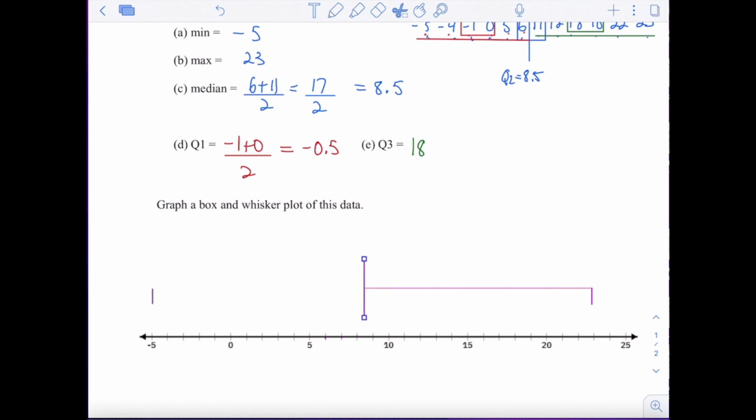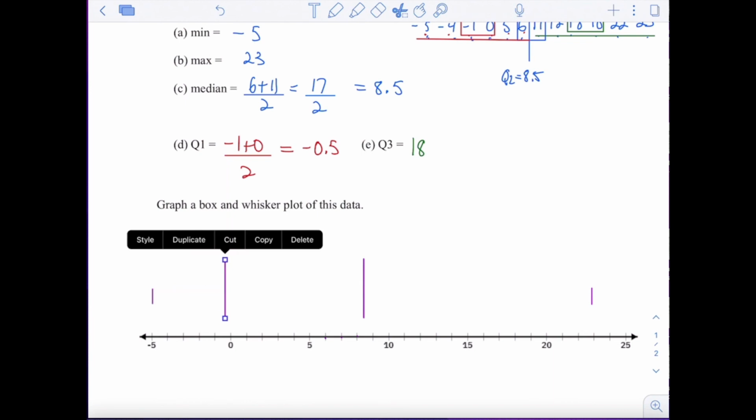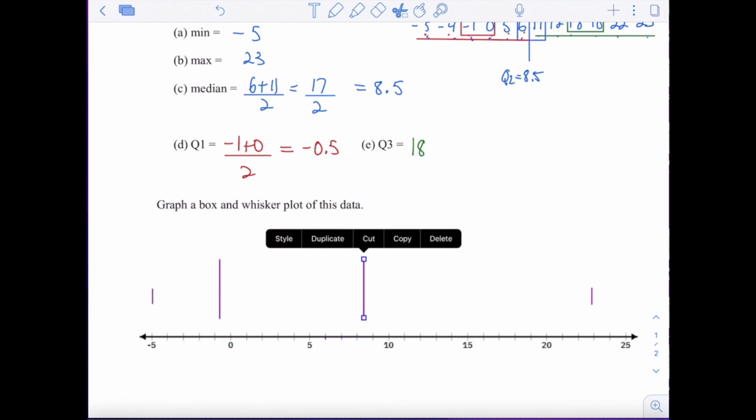Probably move this over a little bit, 8.5. Okay, 8.5, -0.5. Just roughly there. And 18.